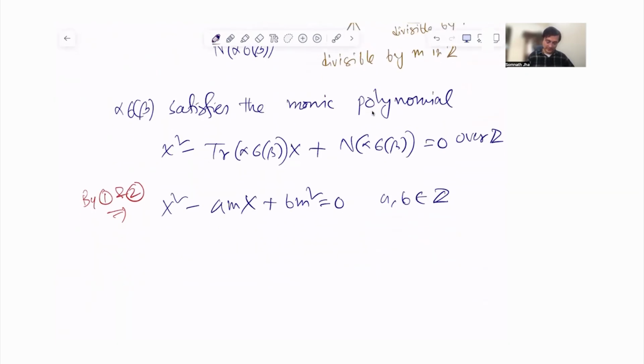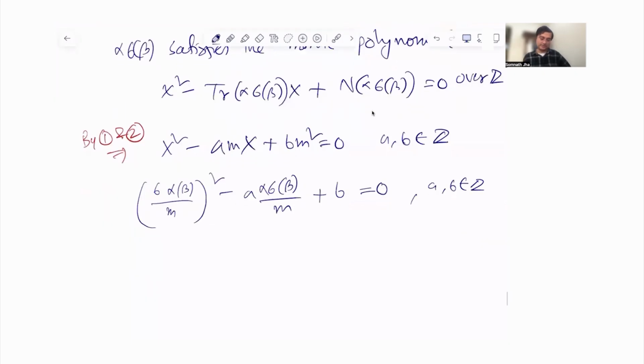So that means that you look at alpha sigma beta by m squared minus a times alpha sigma beta by m plus b equal to 0, and a, b belong to Z. Just look at this: alpha sigma beta satisfies this, so you divide by m squared, this is what you get.